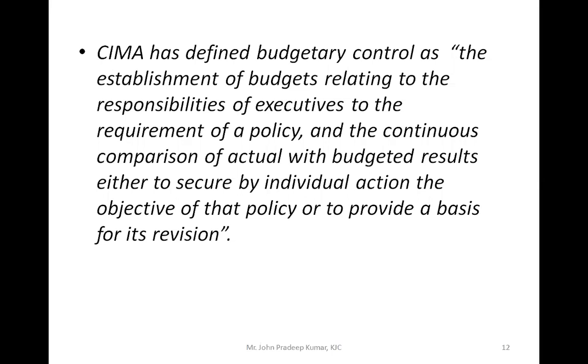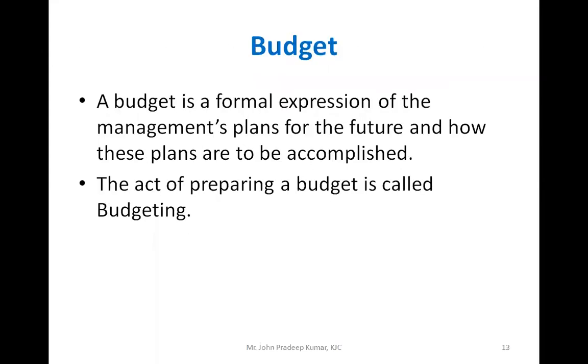If the budget is not realistic, then they may have to go for revision. So that is budgetary control. So what is a budget? A budget is a formal expression of the management's plan for the future.